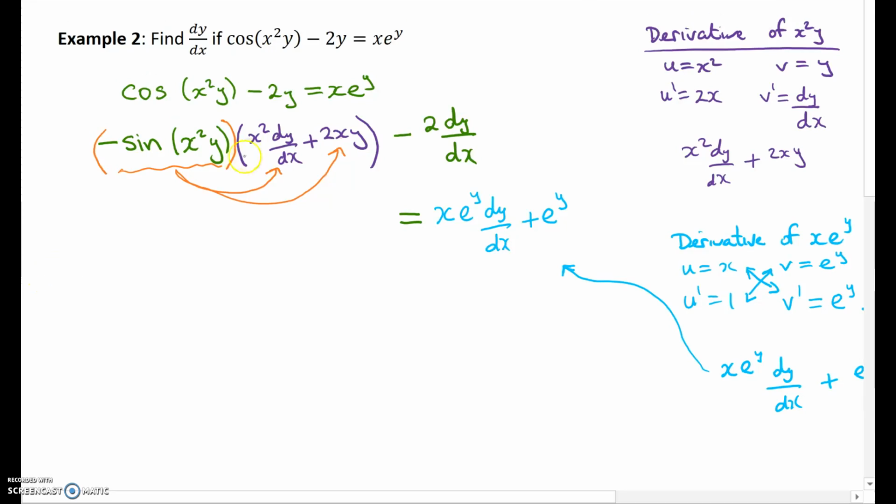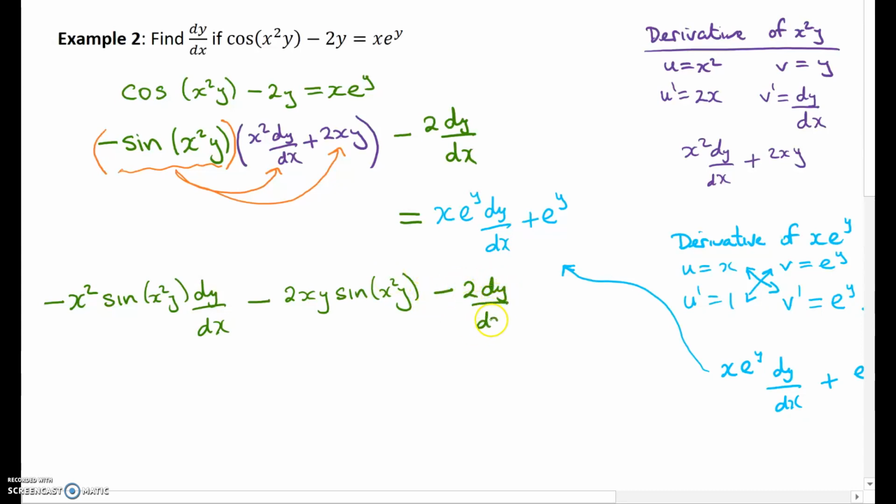So we're going to multiply the first term. It's going to work out as negative x squared sine of x squared y dy dx, and then negative sign by this term is going to be minus, by plus is minus 2xy sine of x squared y minus 2 dy dx, and we're saying that that's going to be equal to x e to the y dy dx plus e to the y.